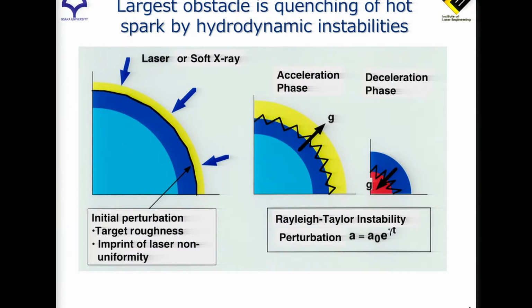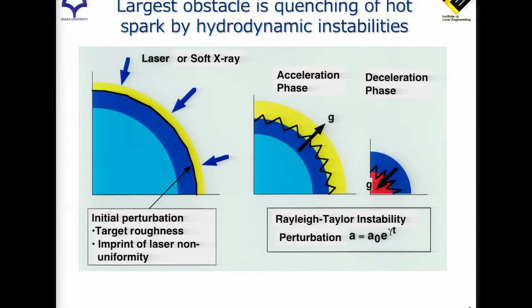So Rayleigh-Taylor instability grows very much. And at the final stage, the deceleration phase, outer surface perturbation is transferred to the inner surface to be an initial seed of a deceleration phase instability.